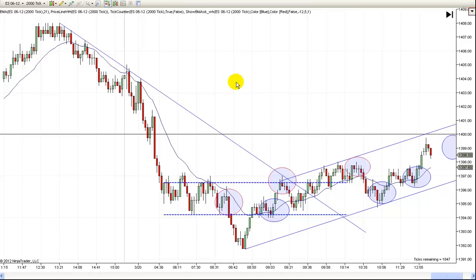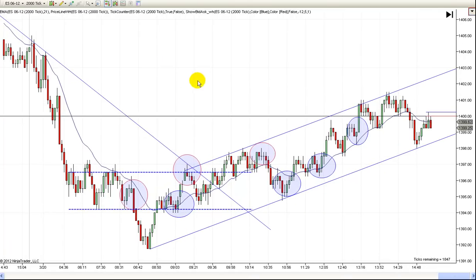But let me show you this. This was the first short of the day, and this kind of serves as a breakout pullback short. We had this strong resistance area up here, and we made a lower high here and a lower high here. And so I was looking to short this back down here, maybe get a failed breakout.